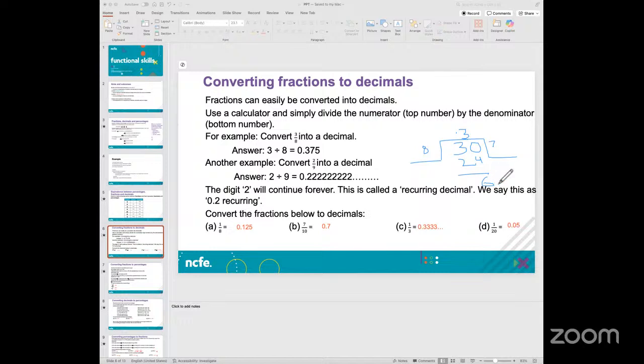Now, if I have to divide this number 6, again, it is smaller than 8. So if I have to divide 3 by 8 and express it as a decimal, you have 8 6s are 48, 8 7s are 56.